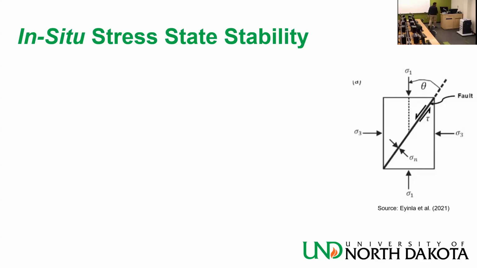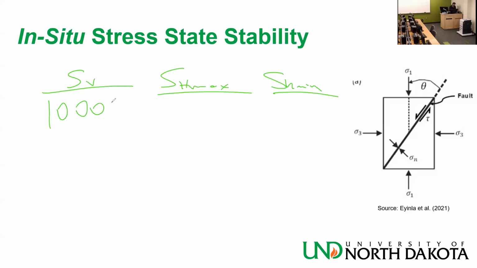I can come up and ask somebody random, okay, give me a value of SV, and they say something. SH max, say something else. SH min, say something else. Pore pressure, give me something else. So 10,000 psi, 8,000 psi, 6,000 psi.